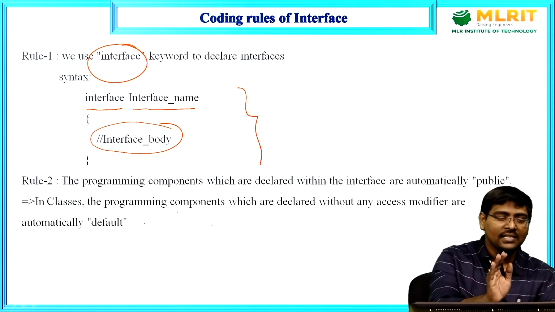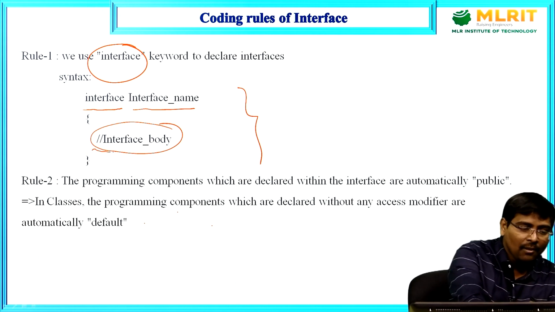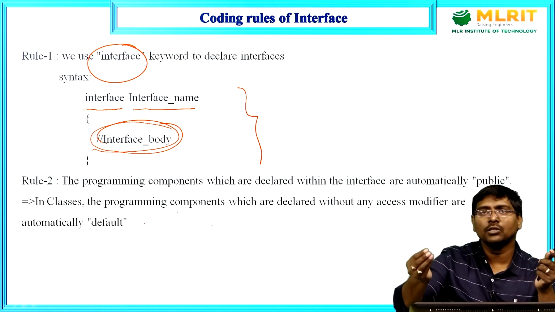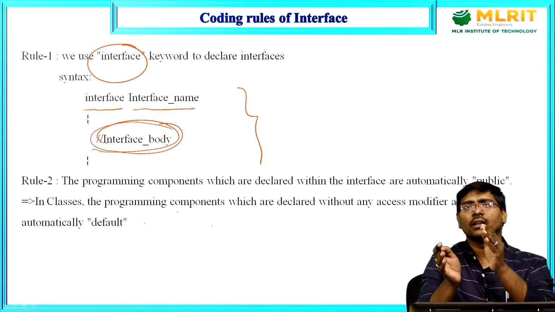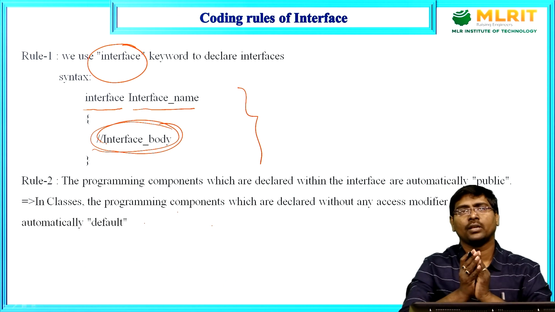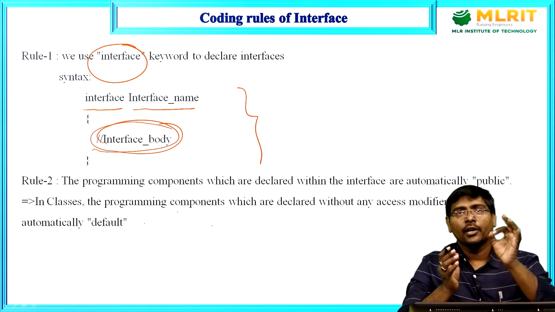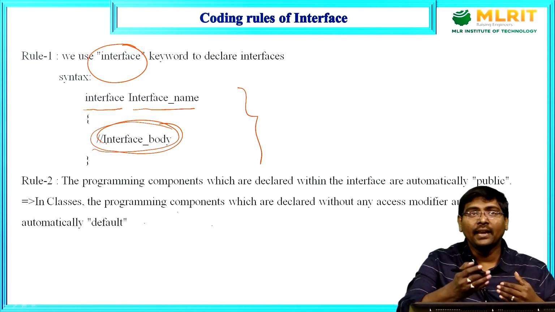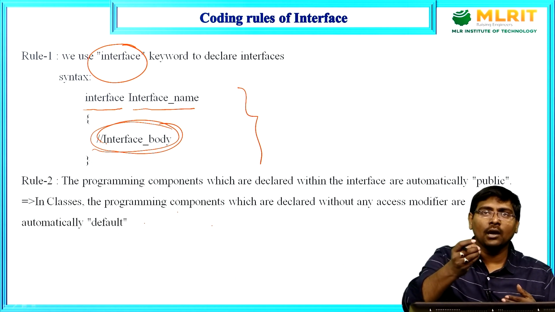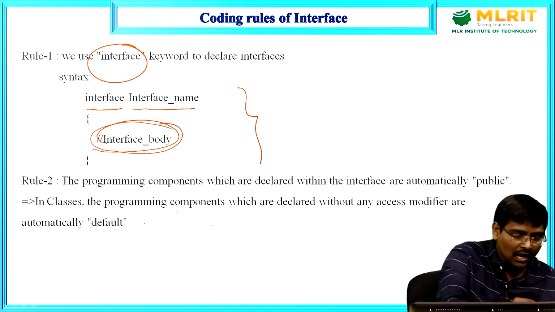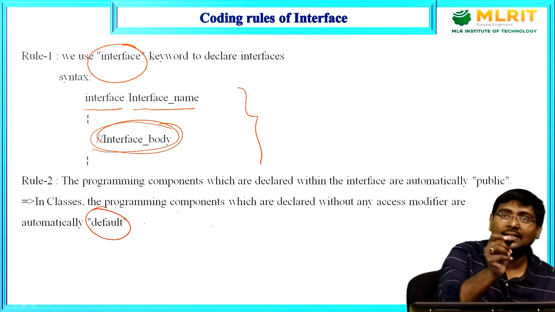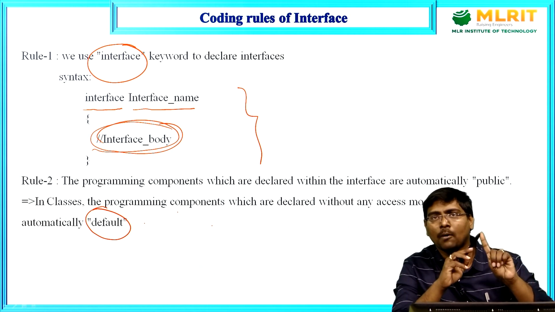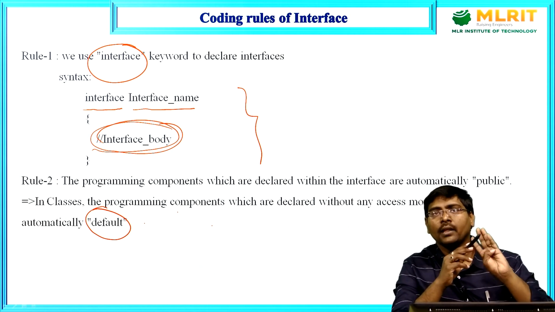Once an interface is declared, in the body we are writing some set of variables and some set of methods, generally called programming components. Remember, in a class, by default, the programming components have the default access specifier. You know the concept. You have 4 access specifiers: public, private, protected, default.